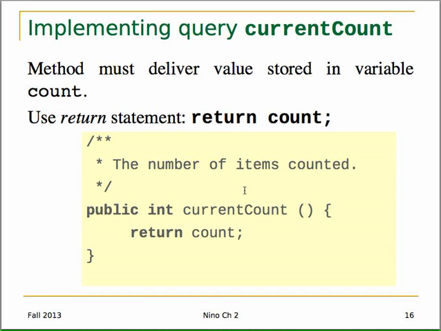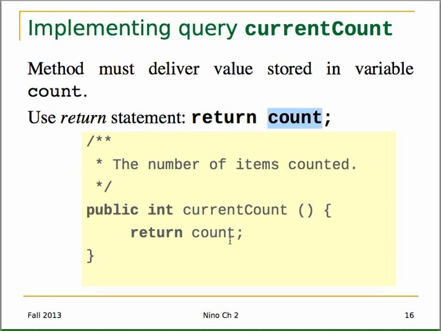How do you set up a query method? It's pretty simple. In this case, all it does is return the value in the count data member. A query method must deliver some value, in this case stored in the data member count. Use the return statement, and you say return something. Whatever this is has to be, as we say in Java, assignment compatible with the return type.